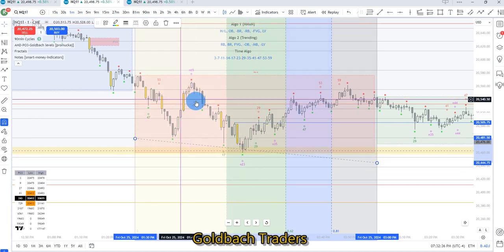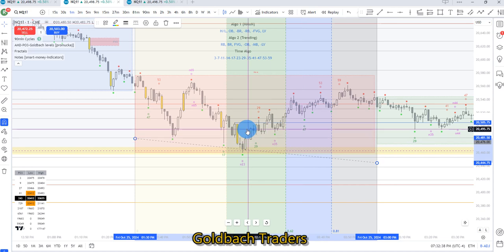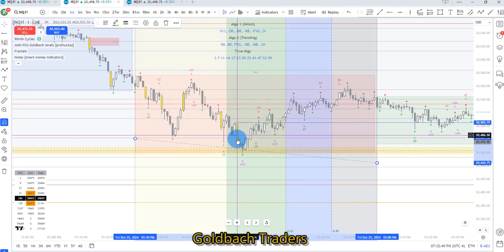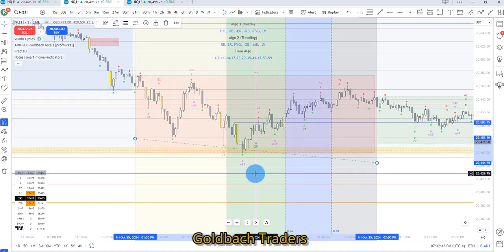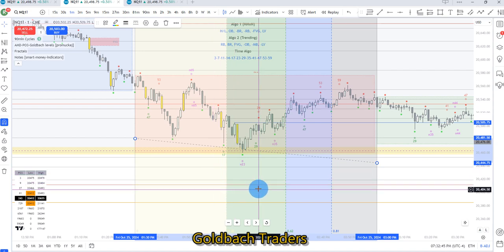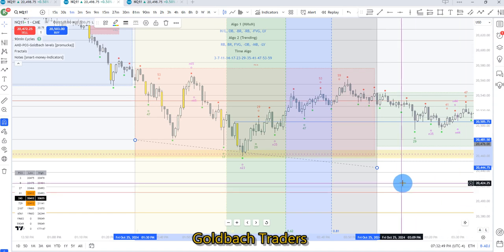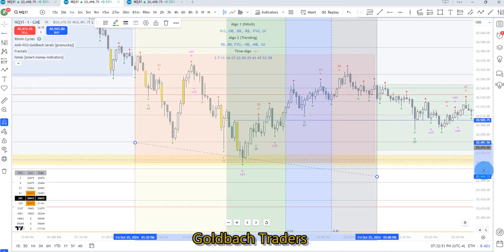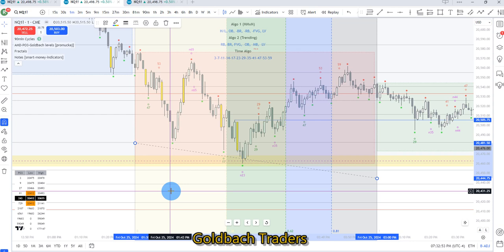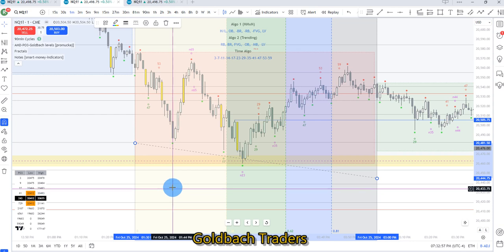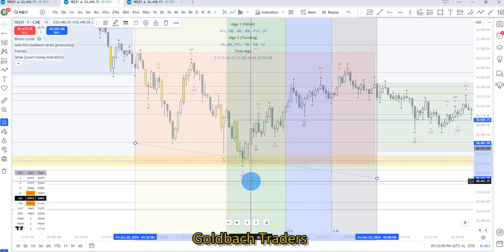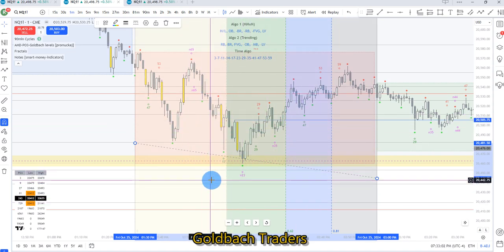Now you could be trading accumulation and distribution, but I find it better to wait for the manipulation zone, and the reason for it is, and this is kind of getting off the topic of what you wanted to talk about, but I'll just say it real quick. When we think about ICT, it stands for Inner Circle Trader. Well, the inner circle that he's talking about is the manipulation phase.